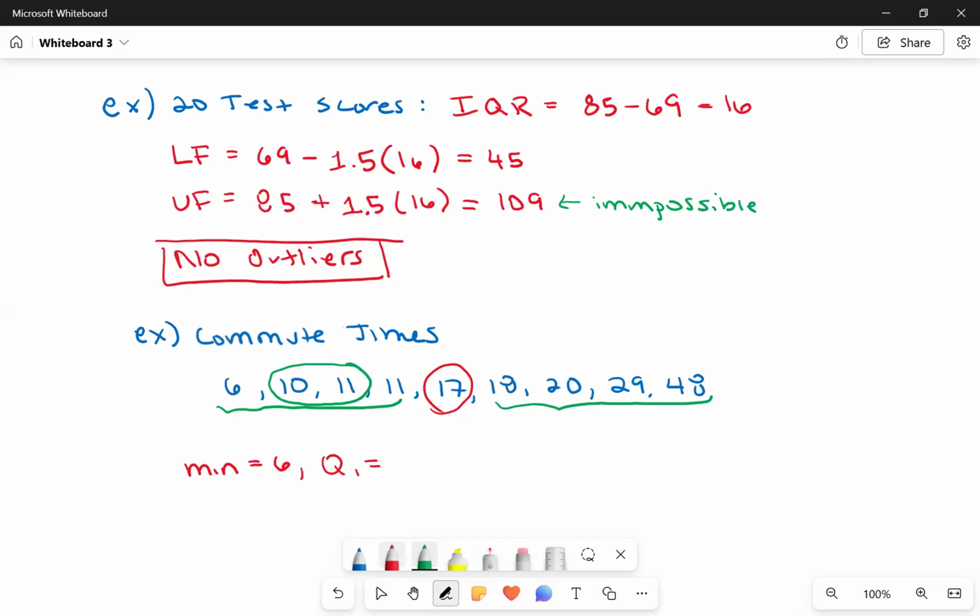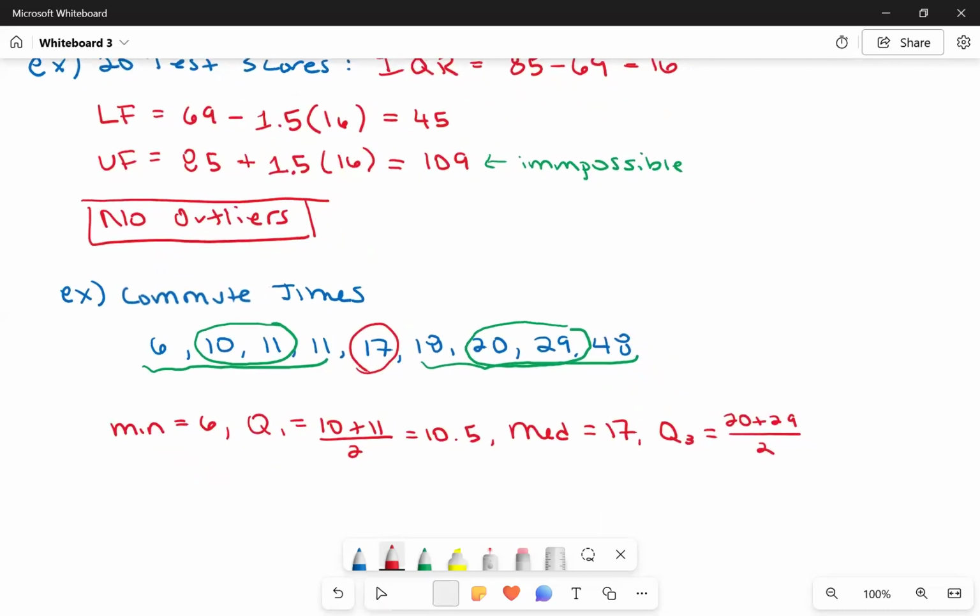So that's 10 plus 11 divided by 2, which is 10.5. That's Q1. Okay, the median I already said is 17. Q3, I'm going to find the middle of the upper half here, which would be between 20 and 29. So adding those two together, dividing by 2, that gives me 24.5.